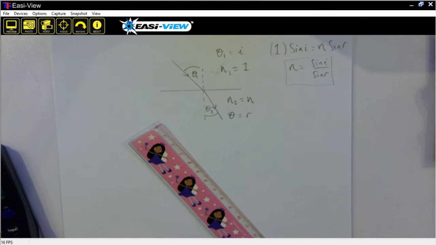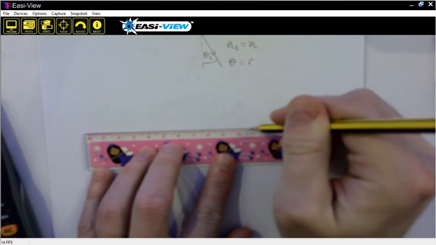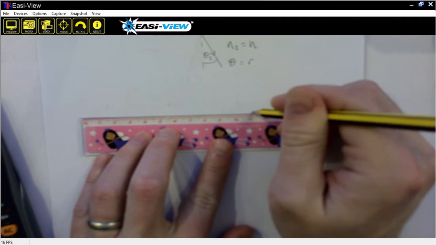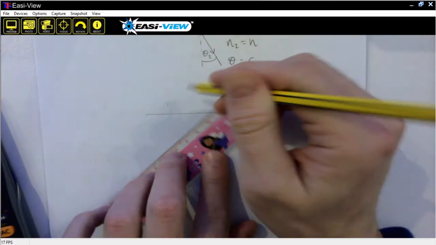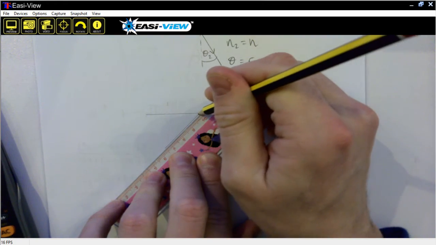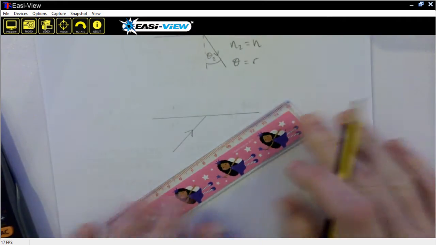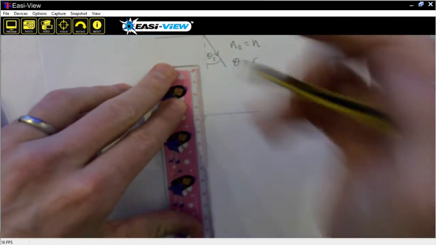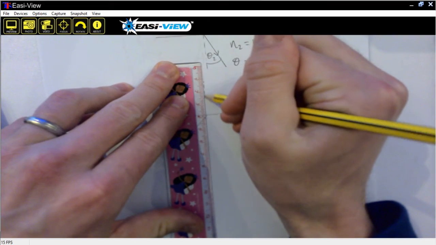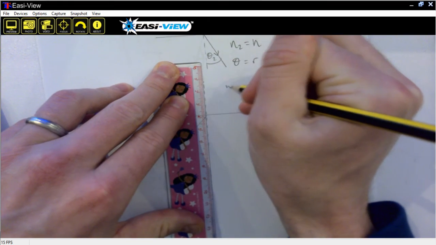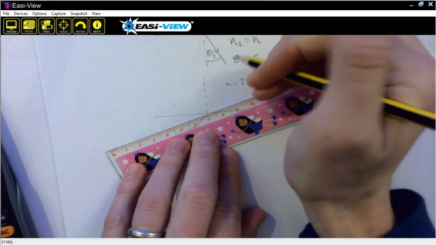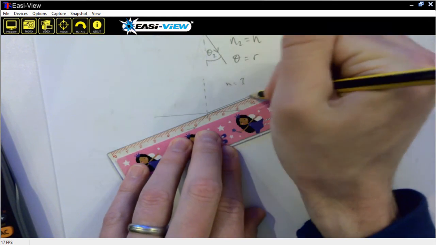If we look at the alternative situation that we have at GCSE, where we are considering the critical angle: the light is incident in the more optically dense medium, so it's going slower, and it goes into the air, so n equals 1, it goes faster, it speeds up, and bends away from the normal.